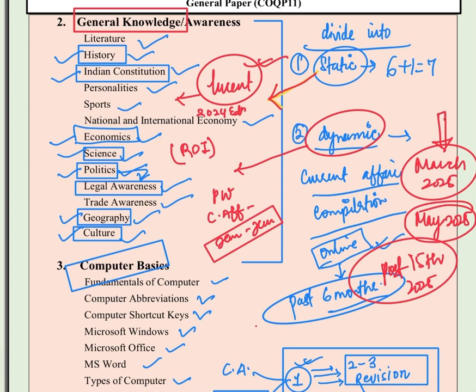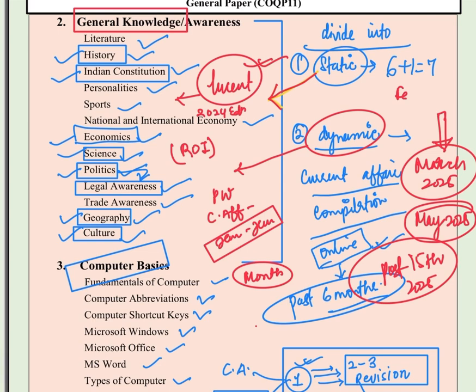So for us, the examination month is March. In whichever month is your examination, just skip that month, discount that month, and previous to that month, you should prepare current affairs.